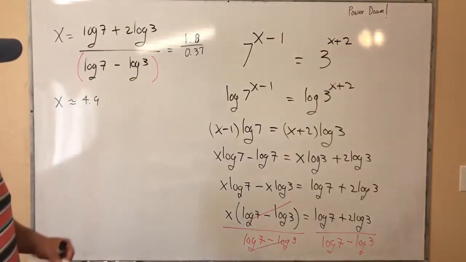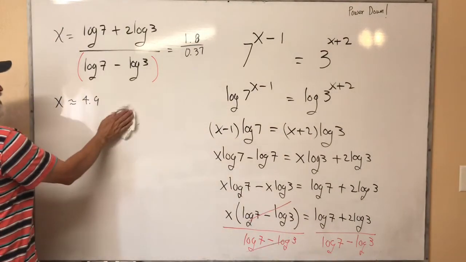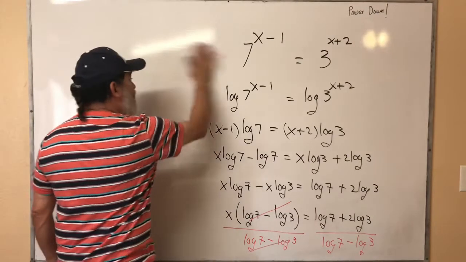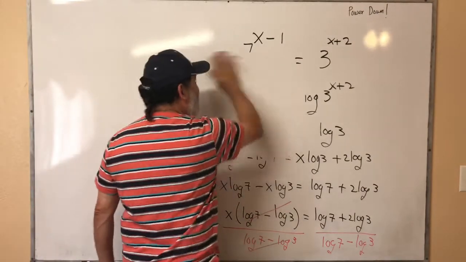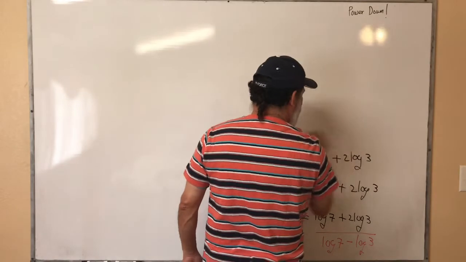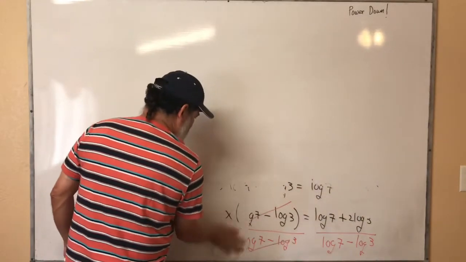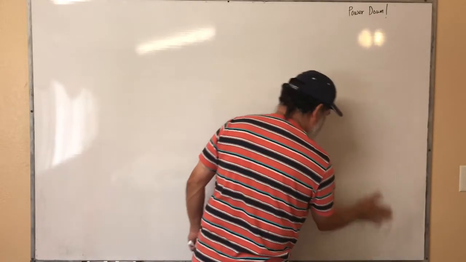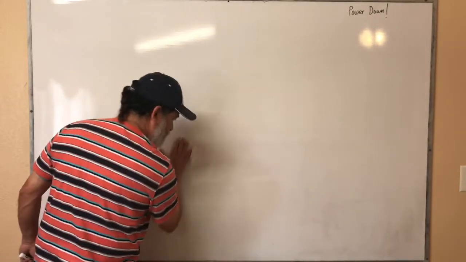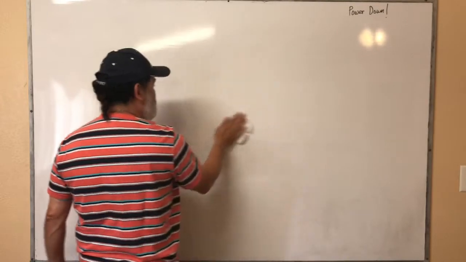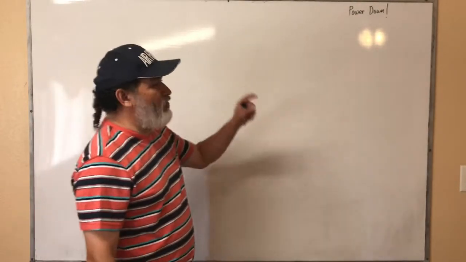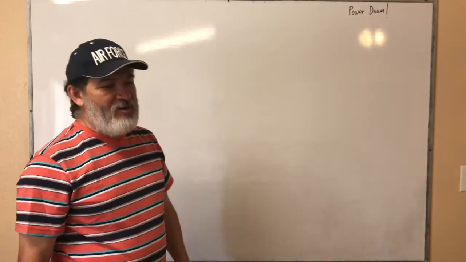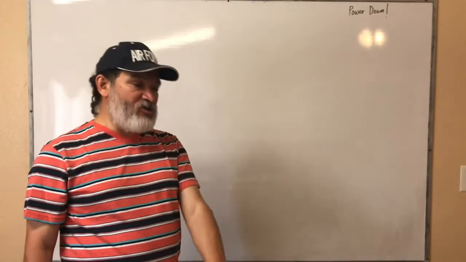Okay. So these are exponentials. Let's do logarithmic equations, good class. For exponentials, we say power down.